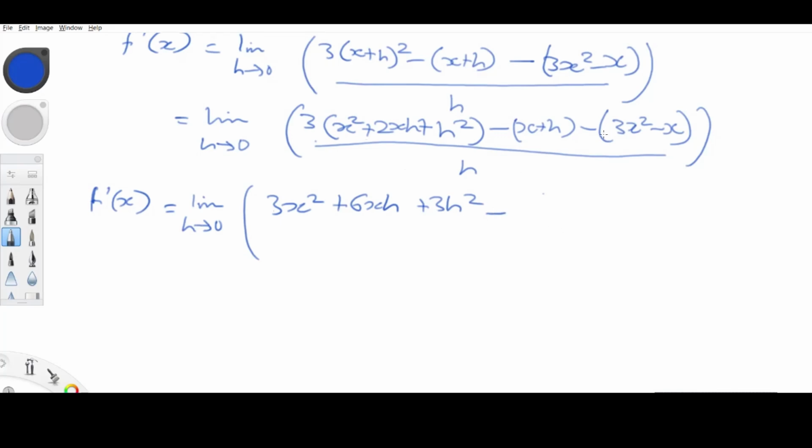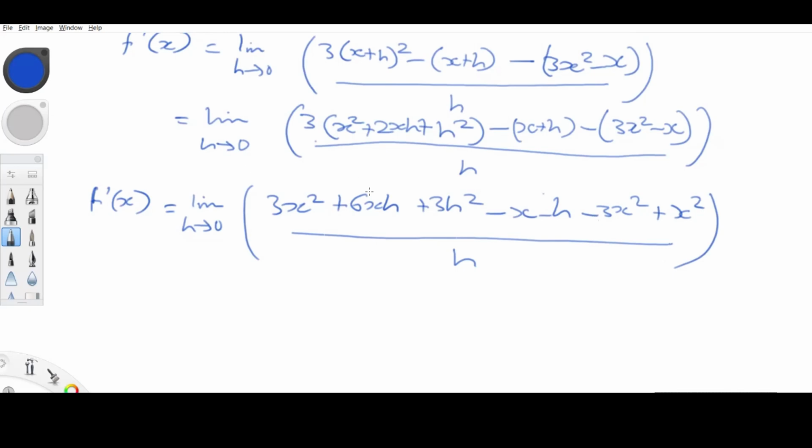Minus, let's just clean these up a bit, minus x, we open those brackets, minus h, minus times plus 3x squared minus 3x squared, minus times minus, that's plus x. So we divide all of that by h.